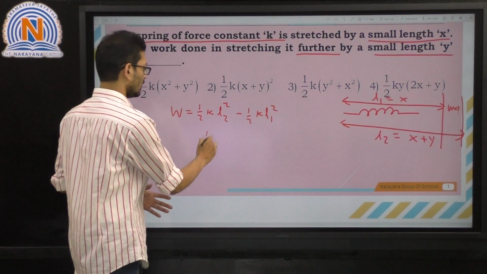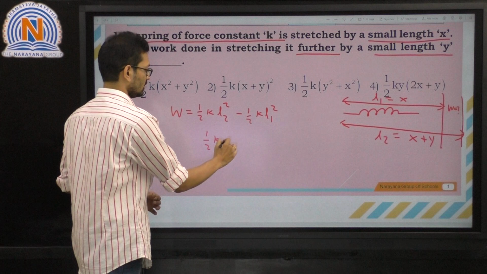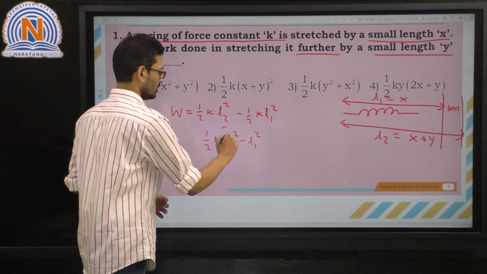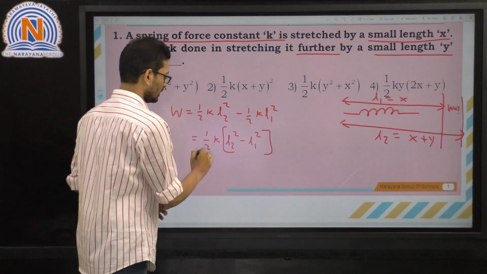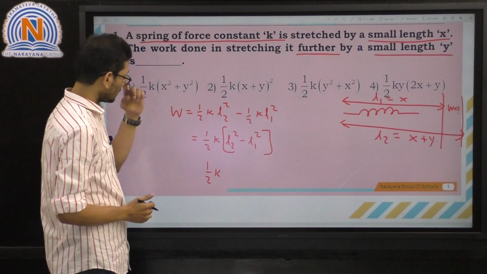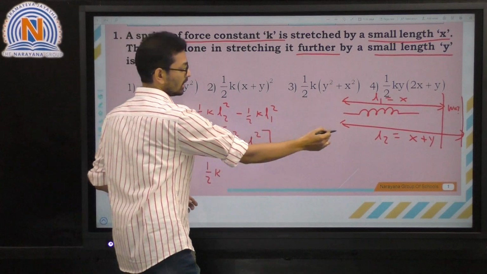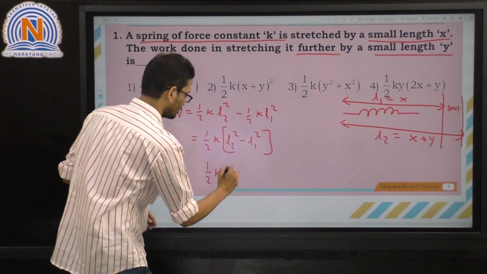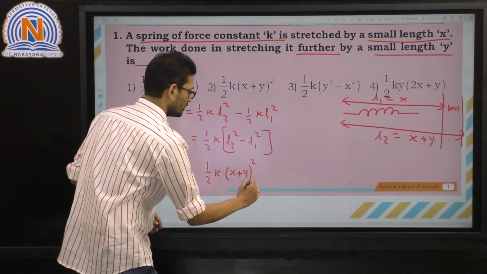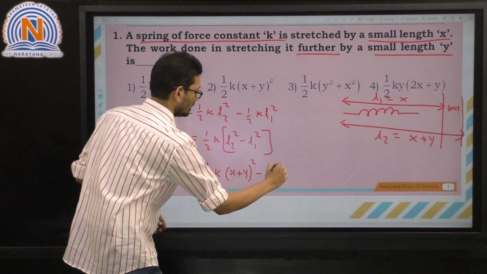Now we will take half K times L2 squared minus L1 squared. Now if you substitute the values, L2 squared is x plus y whole squared, minus x squared.